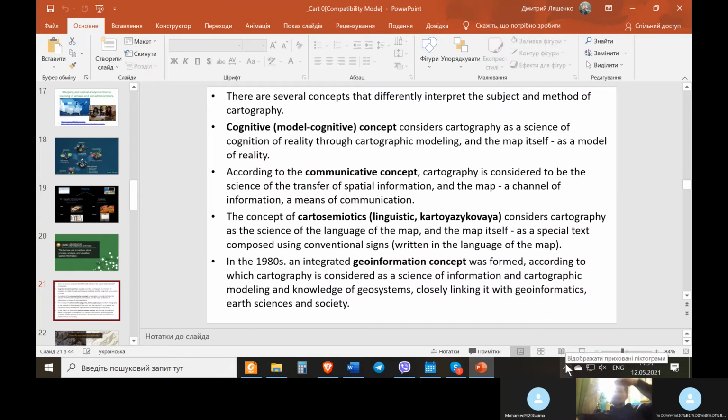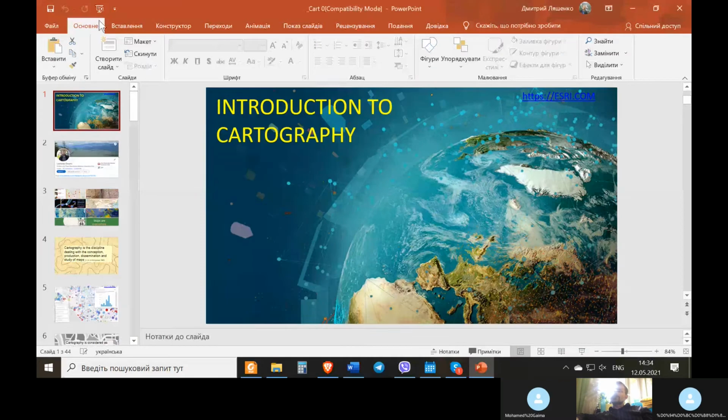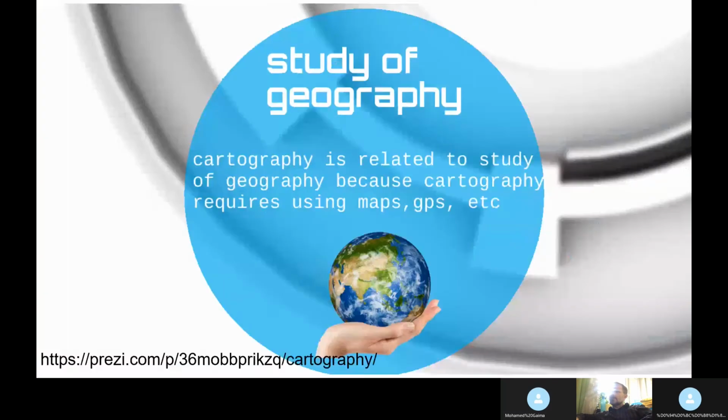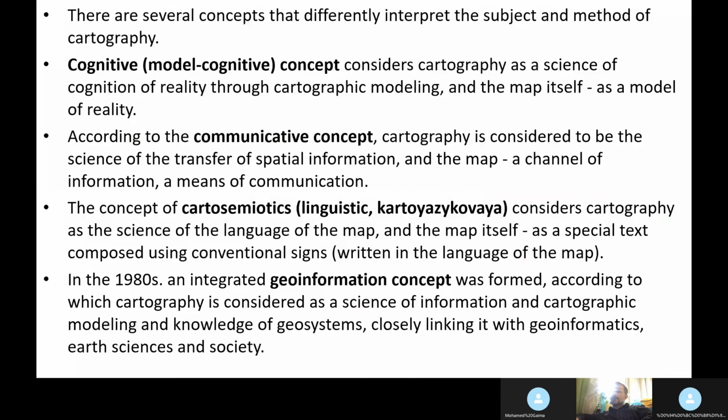Well, theoretical conceptions. Let's go. We have several theoretical conceptions of cartography in our post-Soviet science.